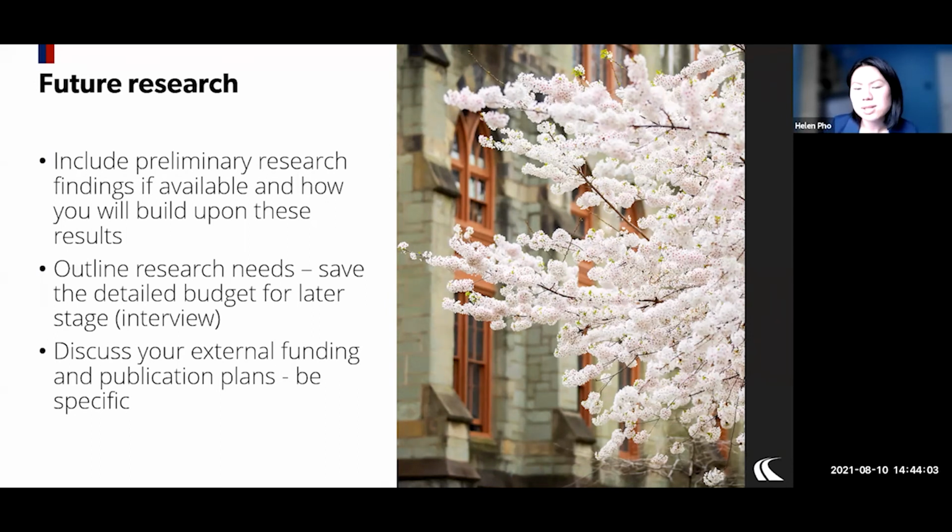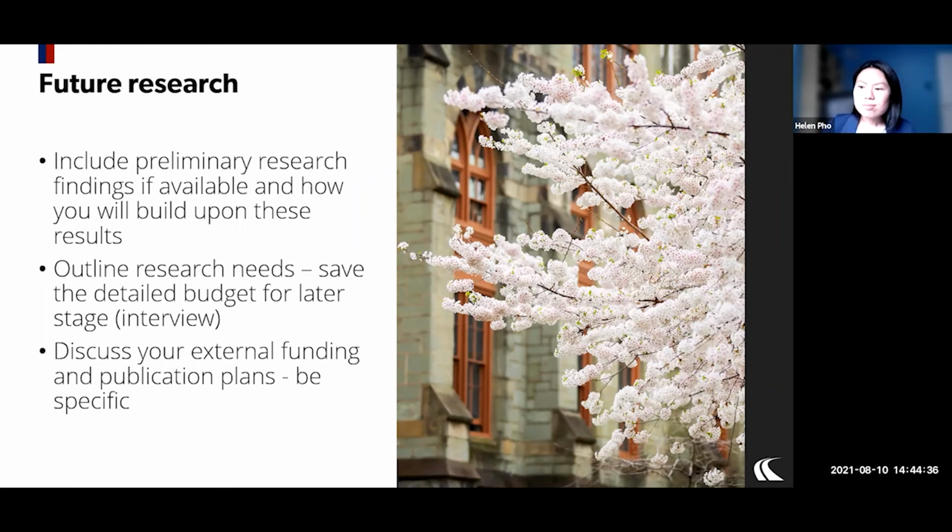Usually at the interview stage, some institutions might ask you for a research budget or a startup budget. That's a better place to talk numbers, because generally you don't want to engage in any type of negotiations before you get an offer. Some institutions might ask for that budget at the interview stage, which unfortunately is common. But I would say definitely avoid any kind of numbers as you write your research statement.